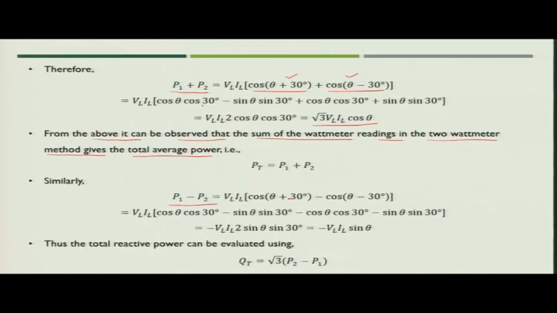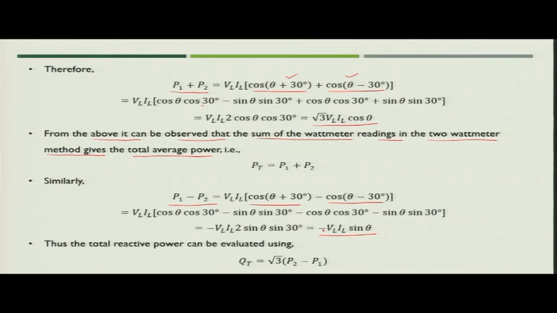Now, let us go further and find the value of P1 minus P2. We will use the trigonometric identities again. When you put in the values, expand, and simplify, you get the value of P1 minus P2 as minus VL IL sin theta. So, that means P2 minus P1 will be VL IL sin theta.